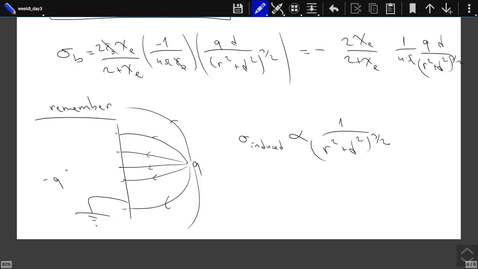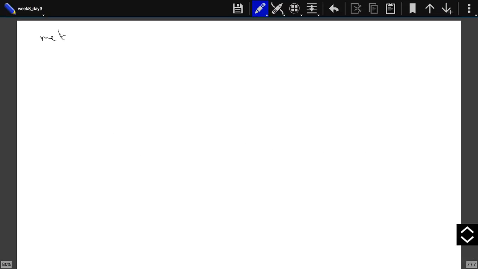We can determine the electric field and the potential and also the surface charge density, the bound surface charge density if we want. Method of images.